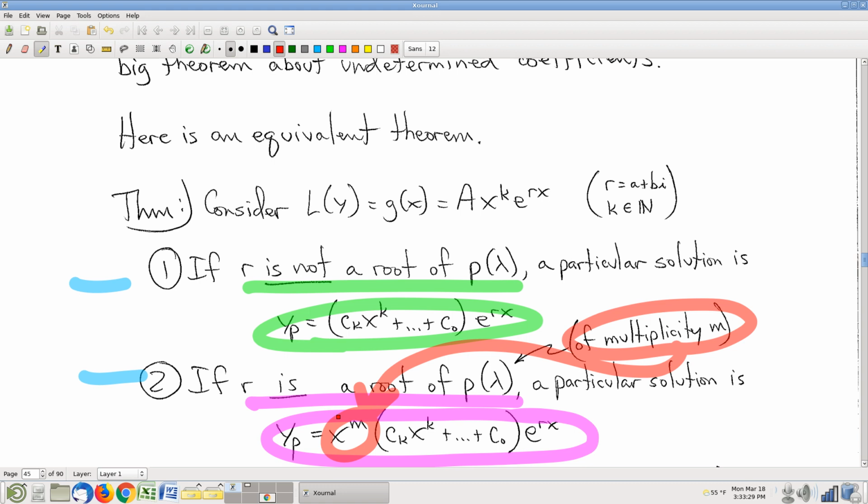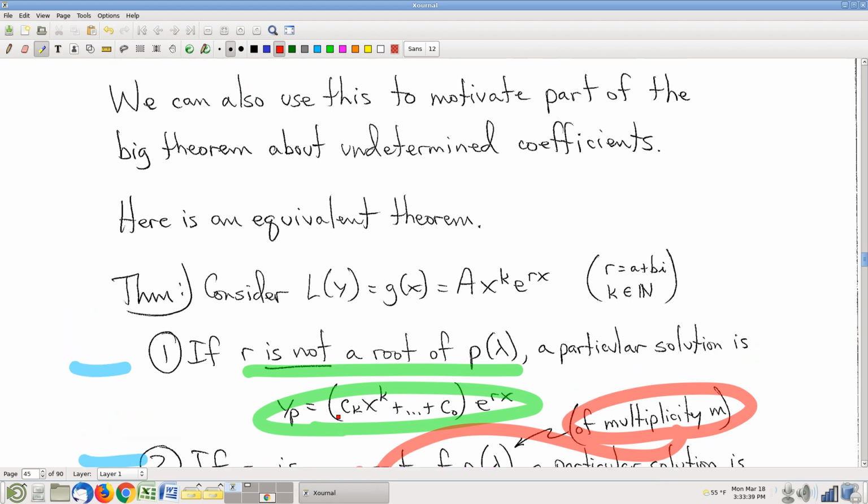Okay, now we're not going to prove this theorem completely here today. I'm going to assert, though, that part of it is pretty plausible. Let's look specifically at part 1. We've seen several examples where this works out. You can see how this ought to work out.